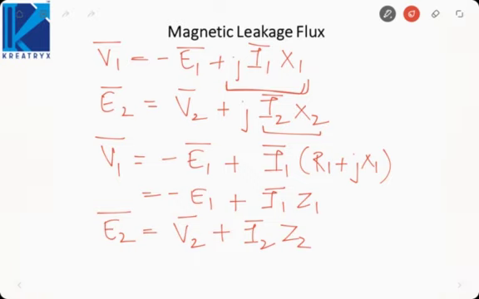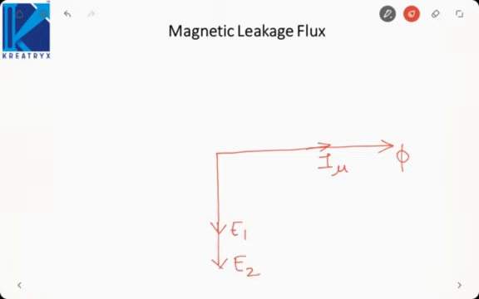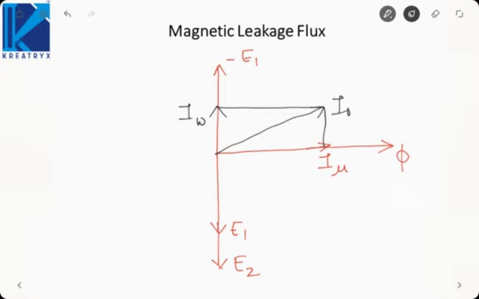So let us represent the phasor diagram of this entire circuit now that we have considered every non-ideality. First we will take I mu, then we will take flux, then we will take induced EMF E1, then we will take induced EMF E2, then I will take minus E1, and in the same phase I will take the loss component of the current Iw, and the sum of these two currents will give me the no load current I0.